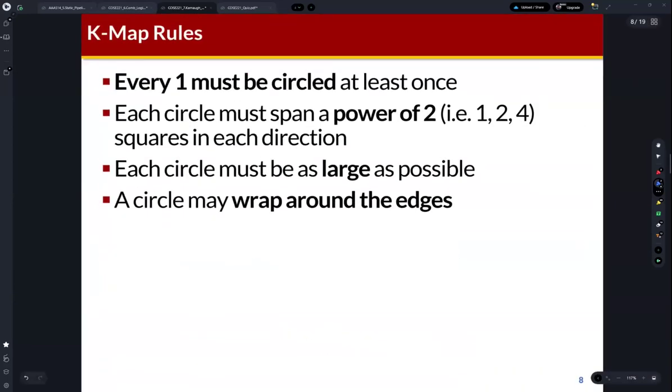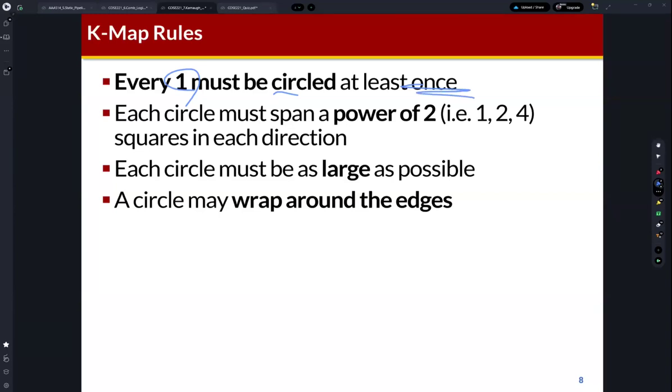Okay, so these are the rules for applying Karnaugh map. Firstly, every result one must be circled at least once. It can be circled multiple times.